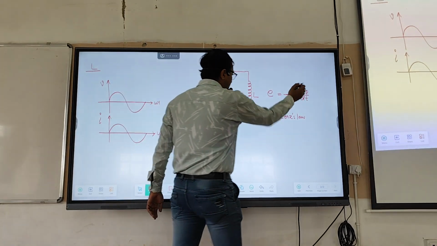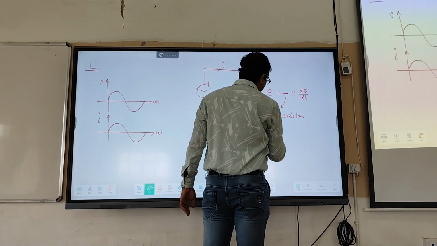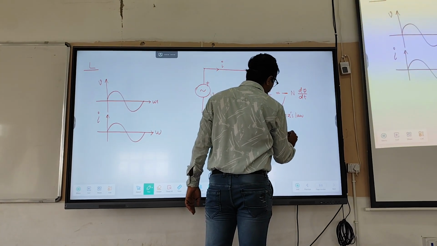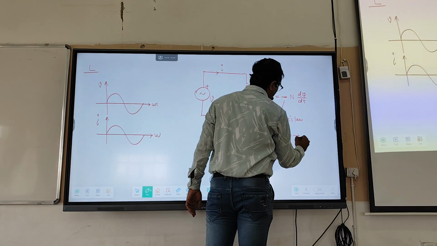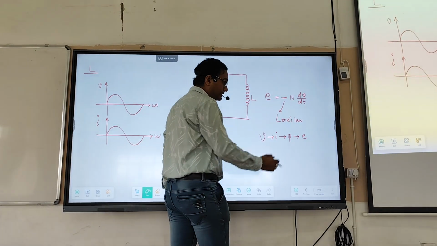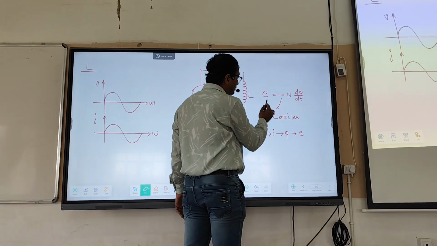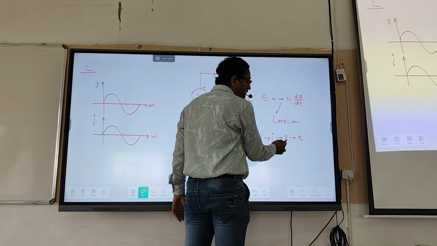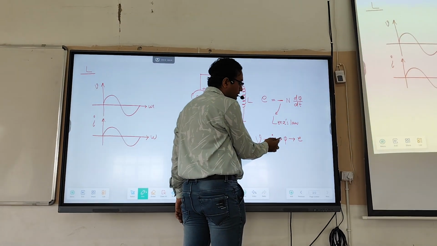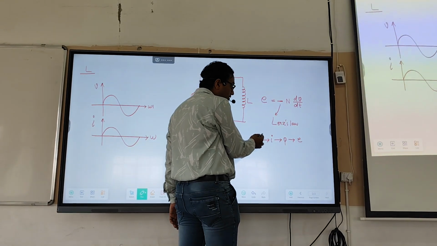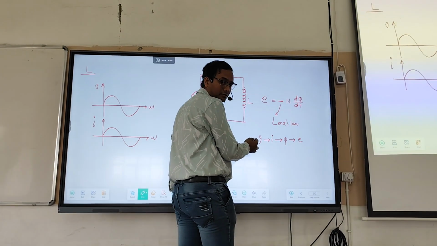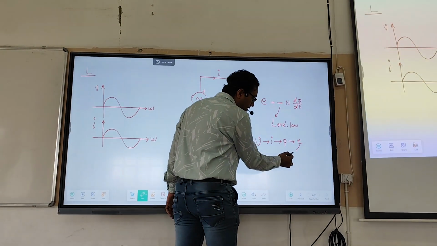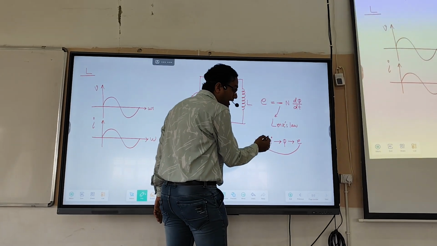See here. Voltage produces current, current produces flux, flux produces voltage, and this voltage produced in the inductor is produced due to flux. Who is creating the flux? Current is creating the flux. Who is creating the current? Voltage is creating the current. So this voltage is opposing its prime cause.